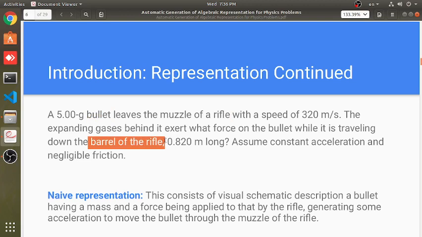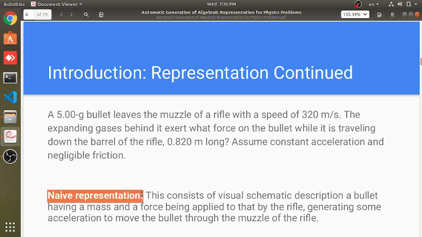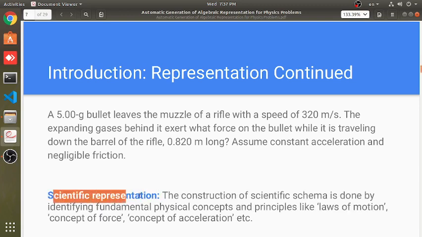Or if we are talking about two blocks, one block is situated on another, this type of spatial relationship is presented.